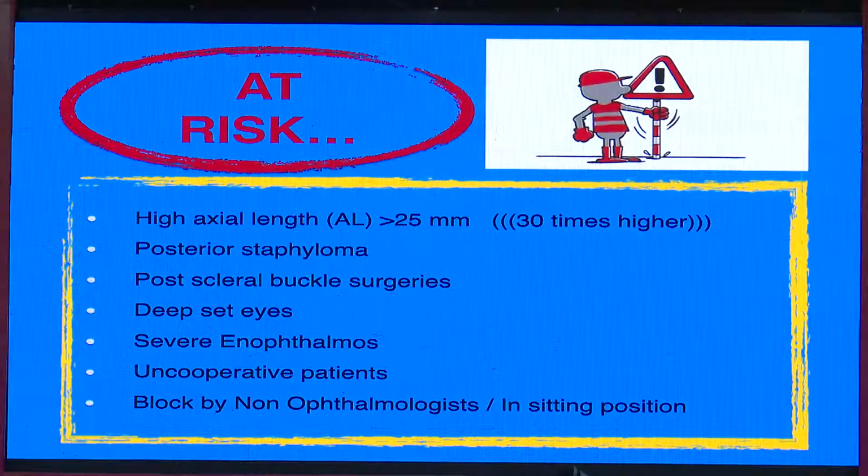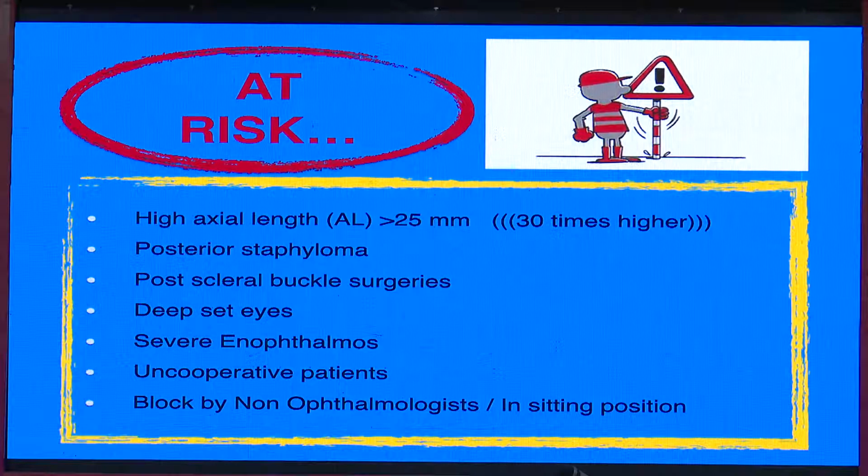So, which patients are actually at risk? As anterior segment surgeons, we have to be careful with these patients. If the patient has a high axial length, beware: more than 25 millimeter has almost 30 times higher risk than a normal patient. Other risks are posterior staphyloma, post scleral buckle surgeries which may elongate the globe, deep set eyes, severe enophthalmos, and uncooperative patients.